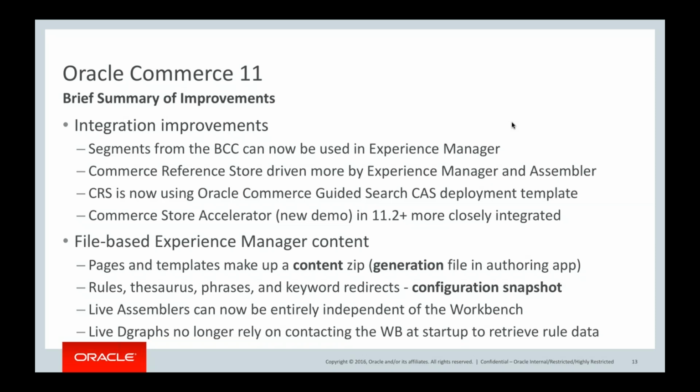So technically here, tools and frameworks can be down, and the assemblers can still get to the content, although the ICR repository is not available. Likewise, the dgraphs are now looking at this content.zip versus looking at tools and frameworks in the ICR repository.